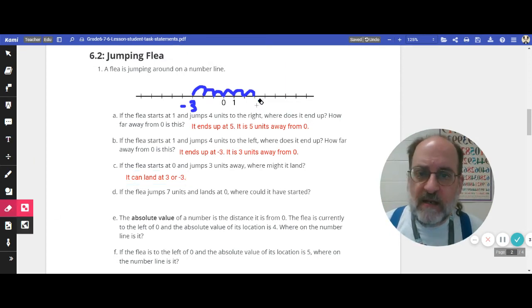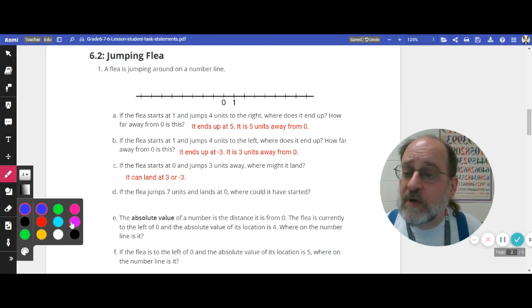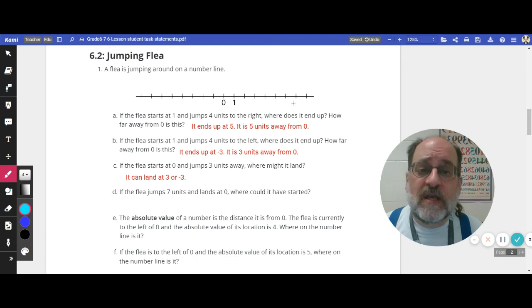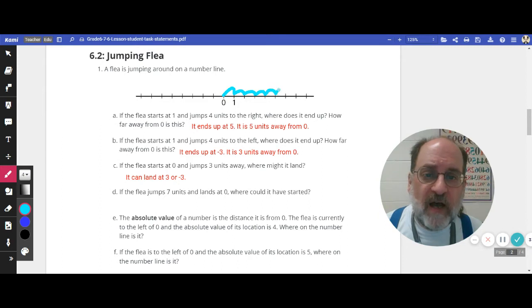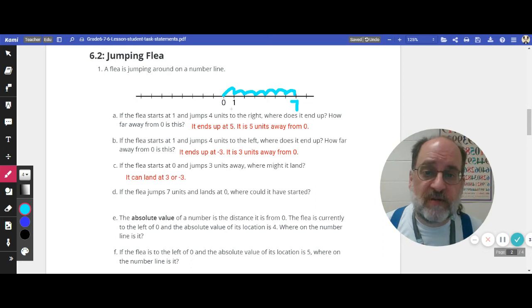Okay, let me erase again. If the flea jumps 7 units and lands at 0, where could it have started? All right, well, let me see. Let's move backwards. One thing it could have done is, 4, 5, 6, 7, I could have started at 7 and jumped to the left to get to 0.